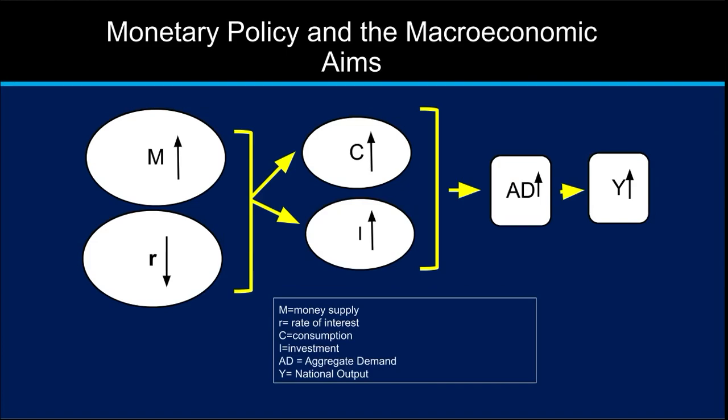The formula for aggregate demand is AD equals C plus I plus G plus X minus M, which is consumption plus investment plus government expenditure plus net exports.